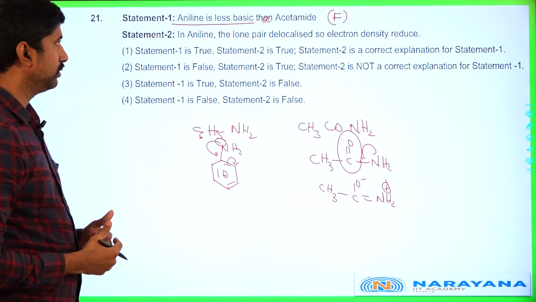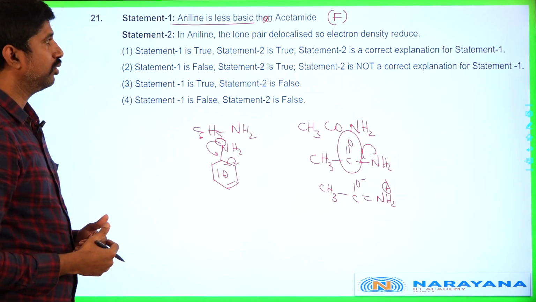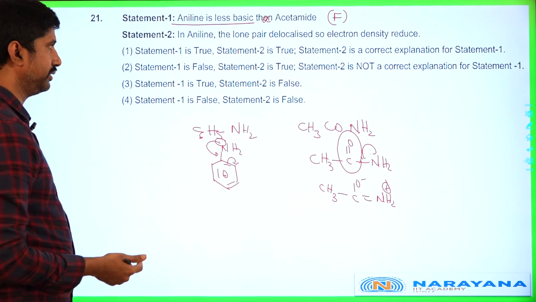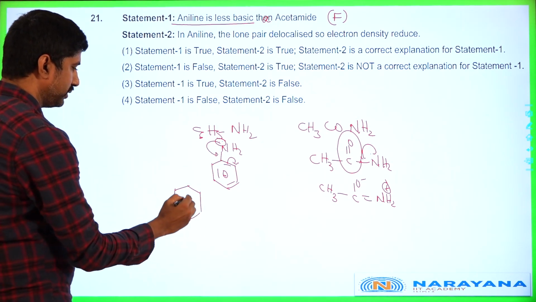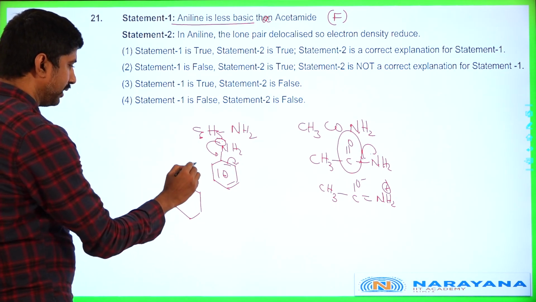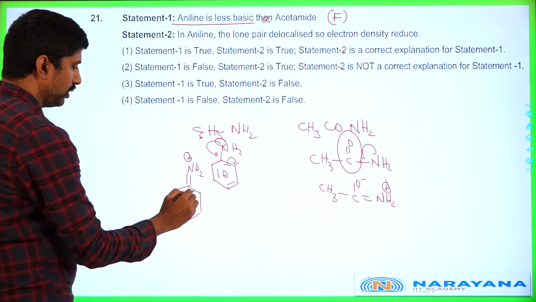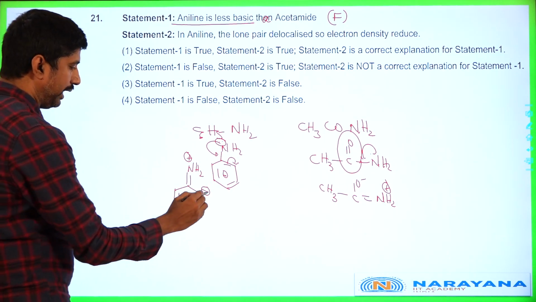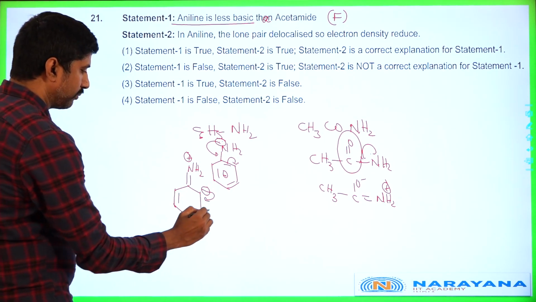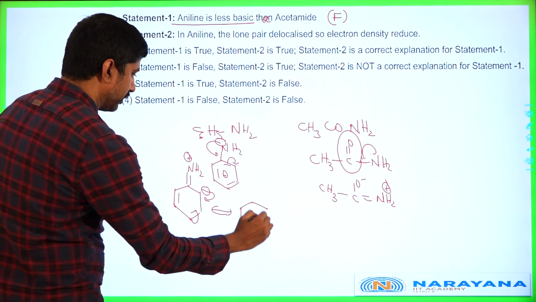And statement 2, in aniline the lone pair is delocalized. Yes, undoubtedly, because of the delocalization. If you write double bond NH2 plus, then by shifting the electron pair, a negative charge, and shifting one more, we can write one more resonance structure.